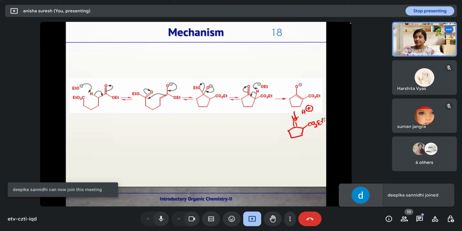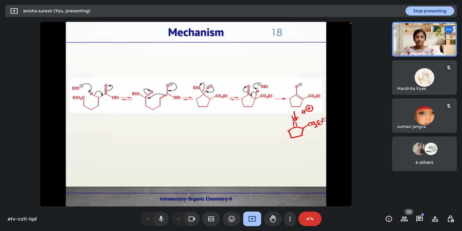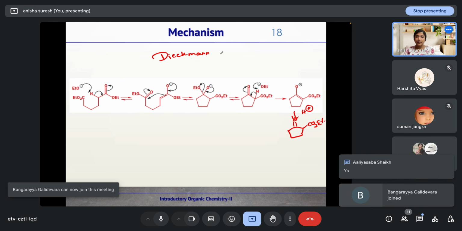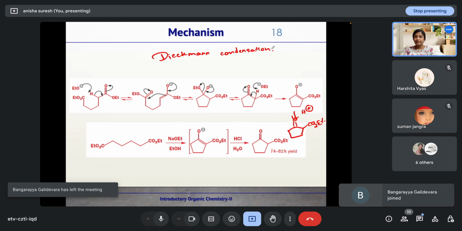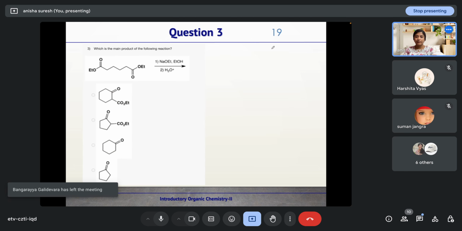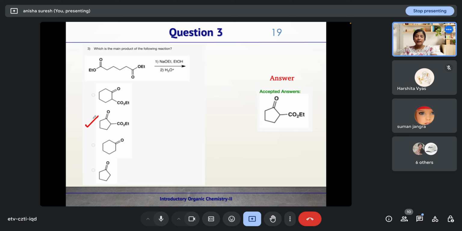Clear? So this is the condensation. So this is the major product that we are getting now.